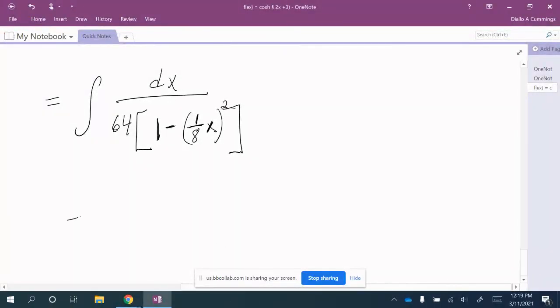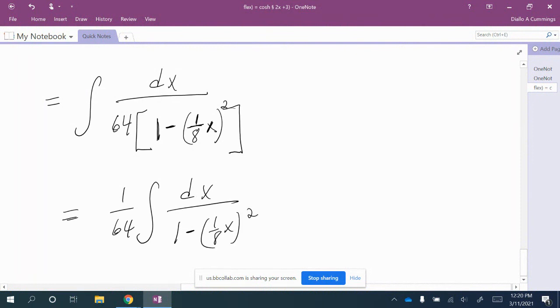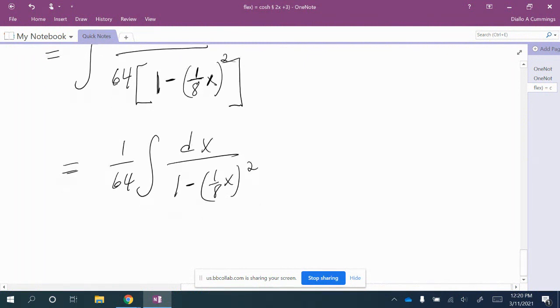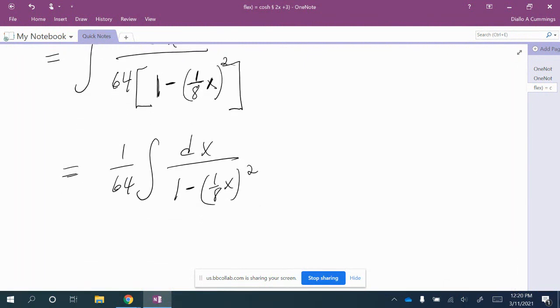From this point, I'm going to pull 1 over 64 in front of the radical. So now I can fit my formula using this denominator because it's in the form 1 minus (1/8 x) squared.